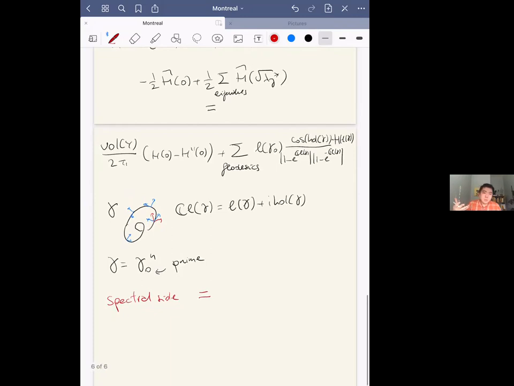If I give you a function, you want to compute this thing. On one side, everything only involves the spectral geometry of the manifold, so it only involves the eigenvalues. And on the other side, to compute the sum, you only need to know the hyperbolic geometry of the manifold. So for example, you only need the volume and all these complex lengths of the geodesics. So the geometric side.